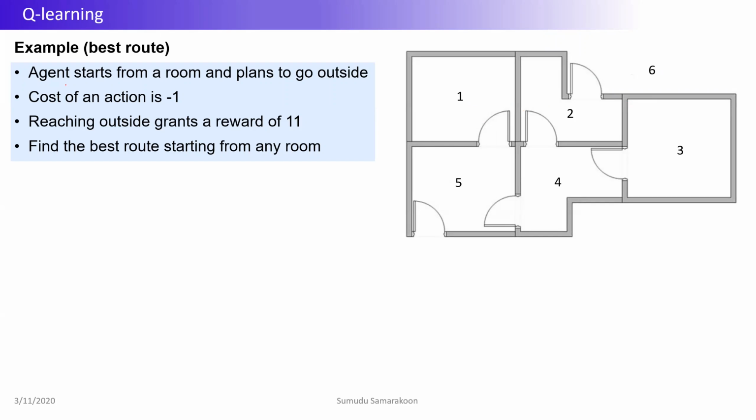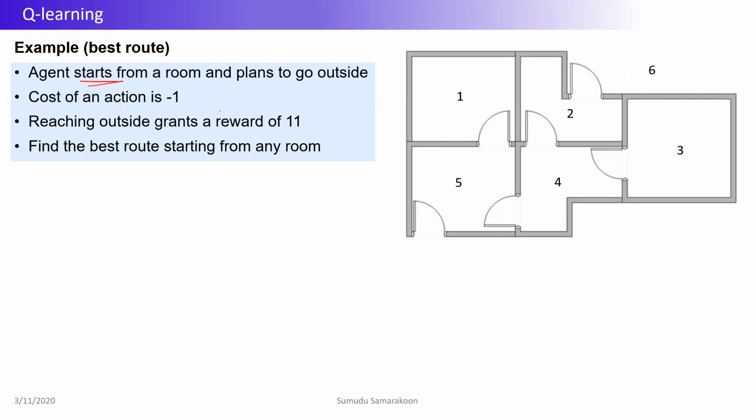The idea is the agent starts from any room, and whenever he takes an action, either deciding to stay in a room, go to the next room, or go outside, it costs -1. However, reaching outside will grant a reward of 11. The question is how to find the best route starting from any room.